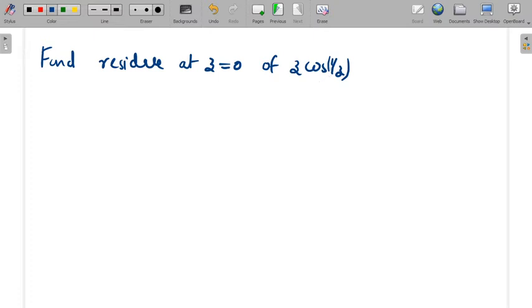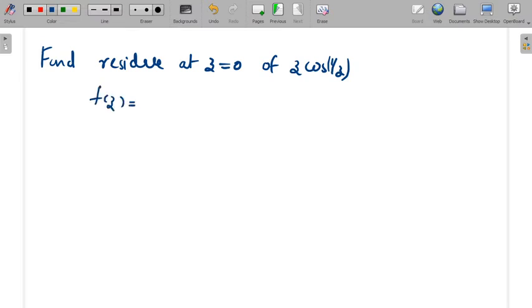And if you expand cos as a series, you can see that z is equal to 0 will be an essential singular point. So in this case, we just write the series expansion of this function.